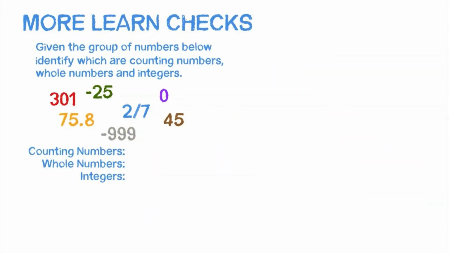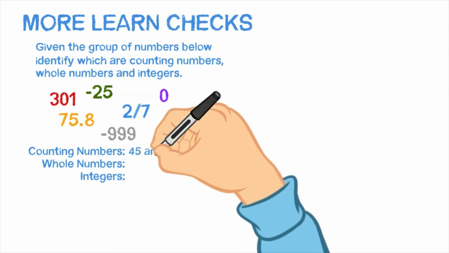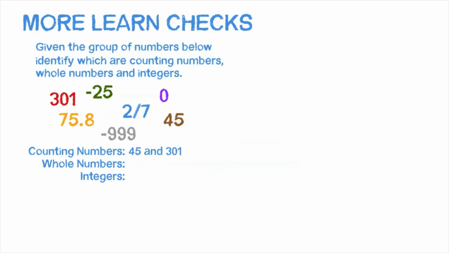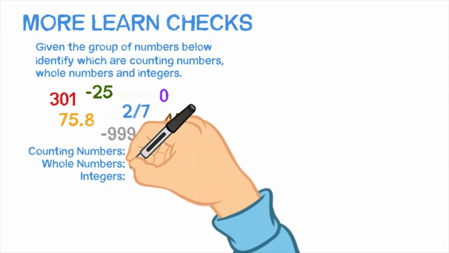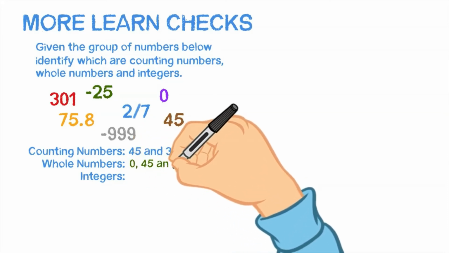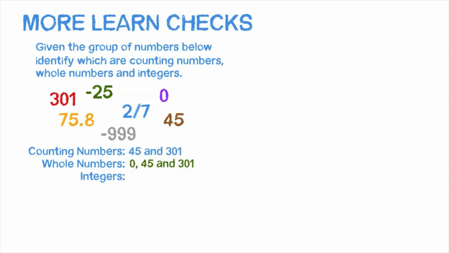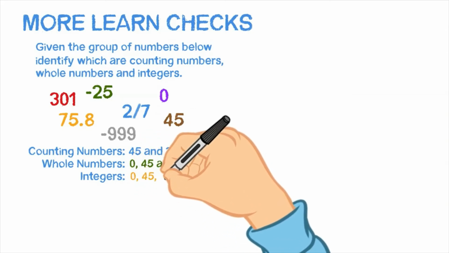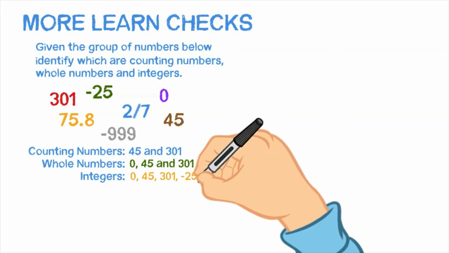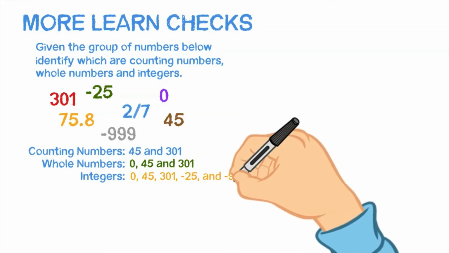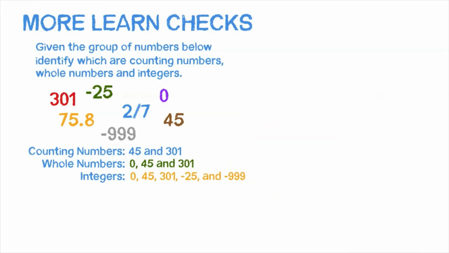The counting numbers are 45 and 301. The whole numbers are 0, 45, and 301. The integers are 0, 45, 301, -25, and -999.